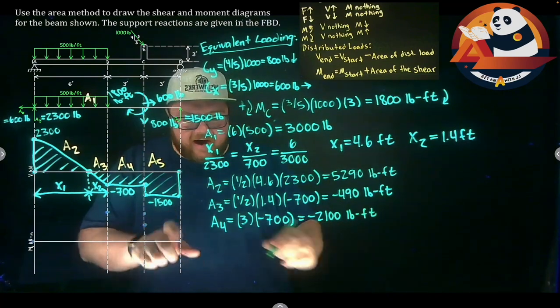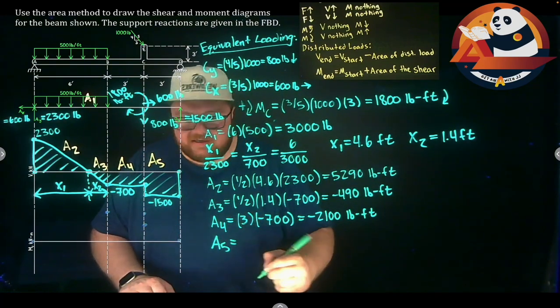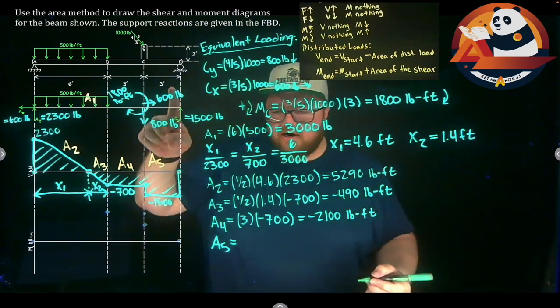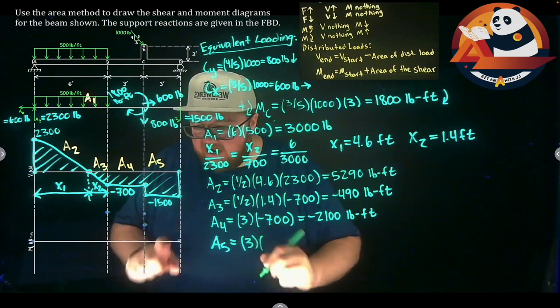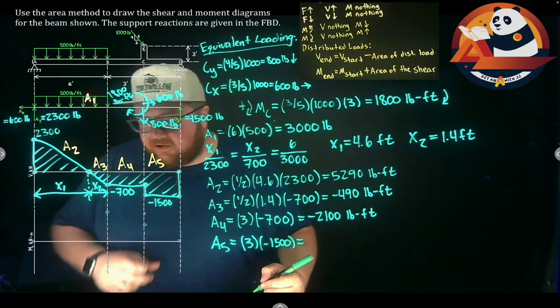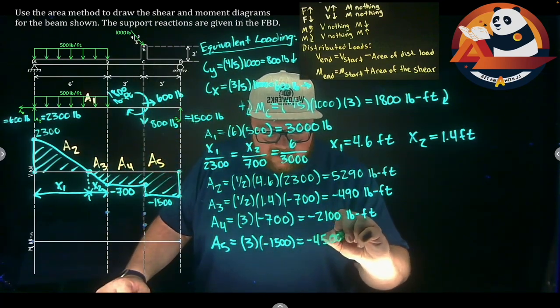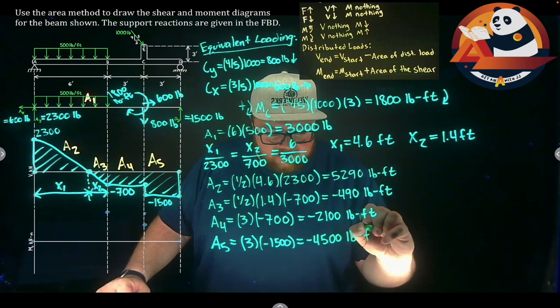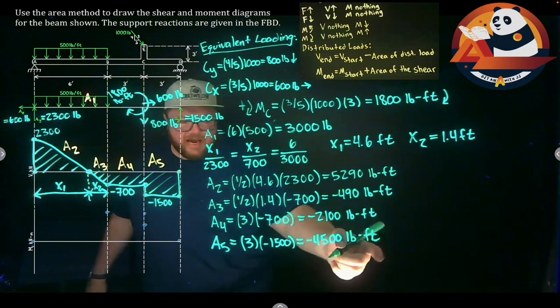And finally, area 5. Area 5 should get us, again, a rectangle, base times height. Our base is also 3. 3 times our height, -1,500, is going to get me to -4,500 pound-feet, which would be our last area we need.